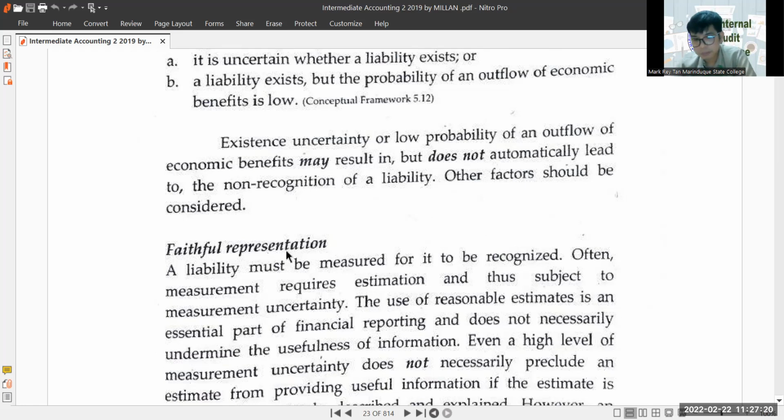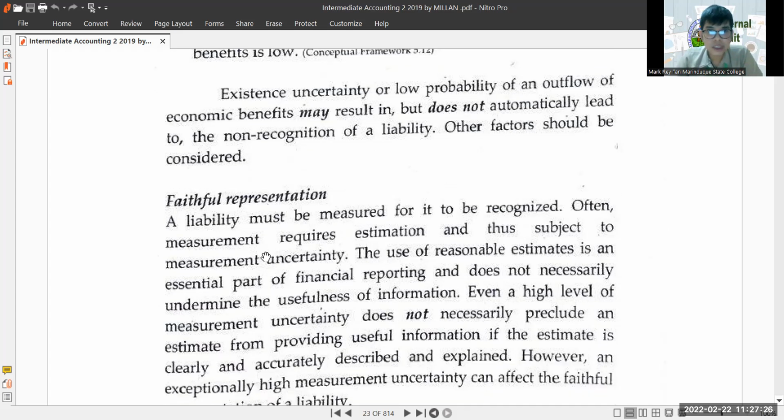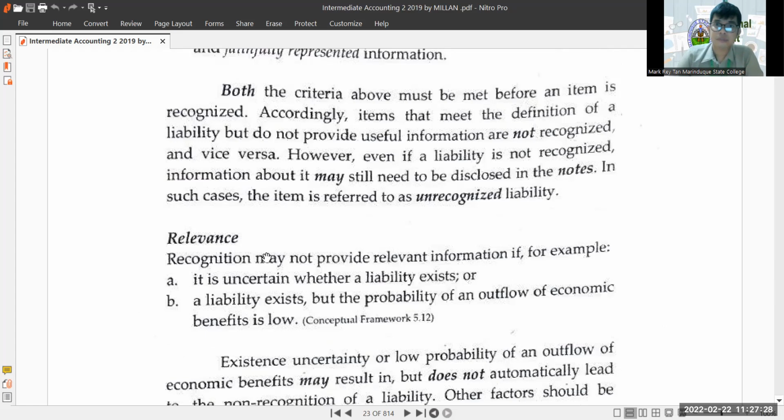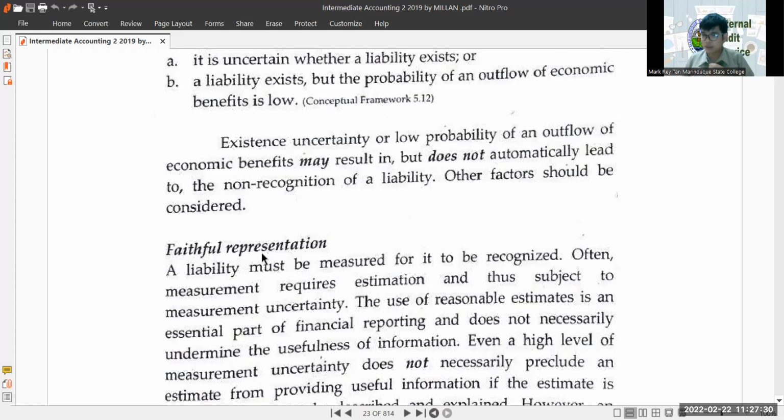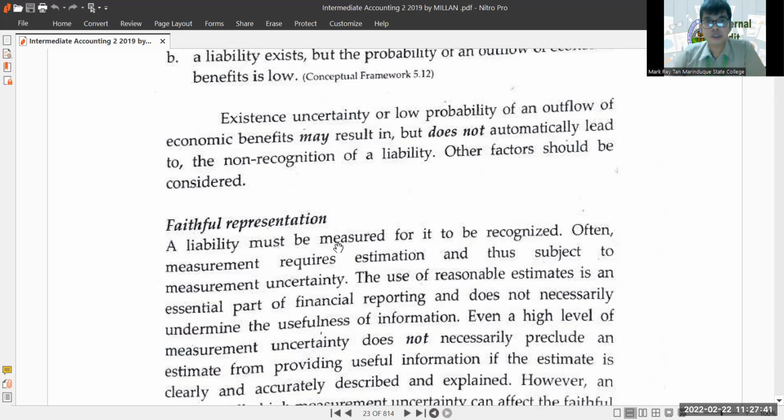So, faithful representation, ano lang naman ito, no? Faithfully represented. Sige, basahin natin. So, a liability must be measured for it to be recognized. So, yan.